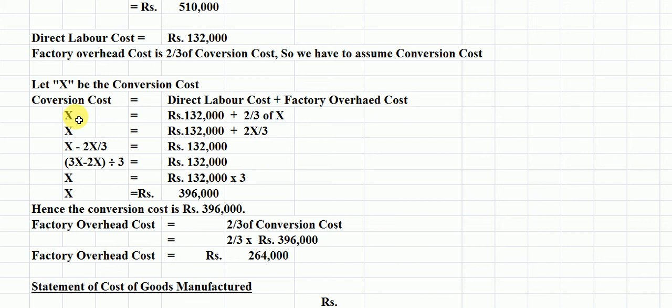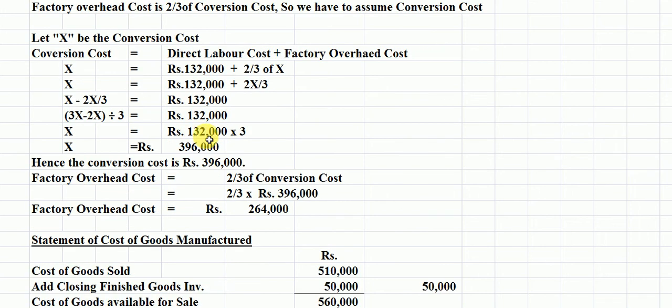Now we place the assumed value X here, which is equal to the direct labor cost of 1,32,000 rupees plus factory overhead, which is 2/3 of conversion cost. Then we place here 2/3 of X. X means conversion cost. Now we compute this calculation.